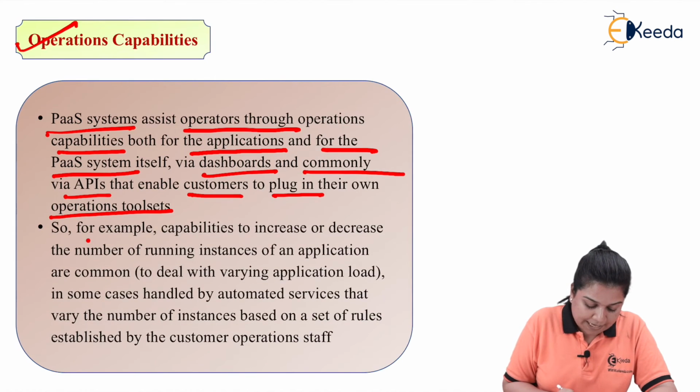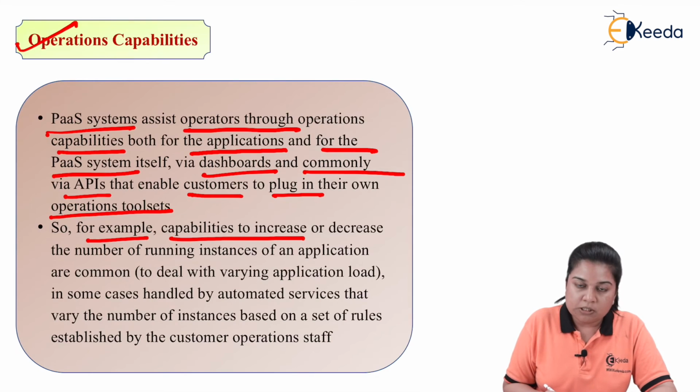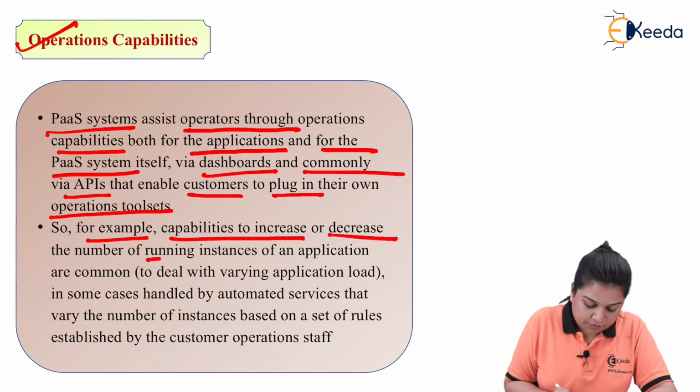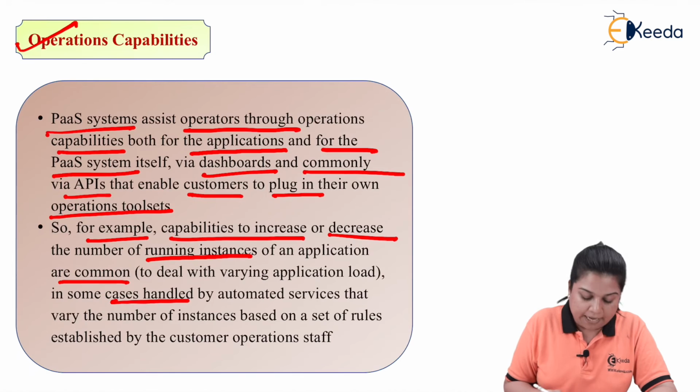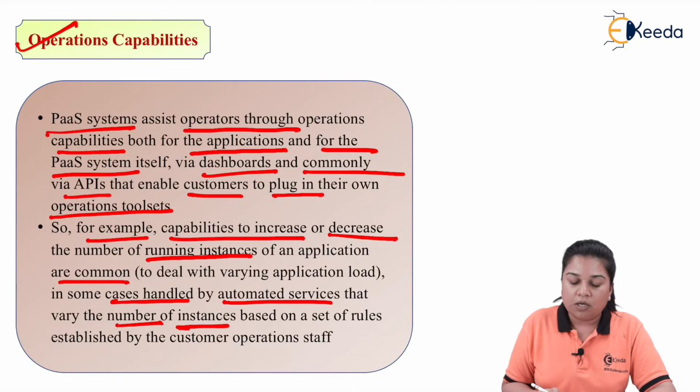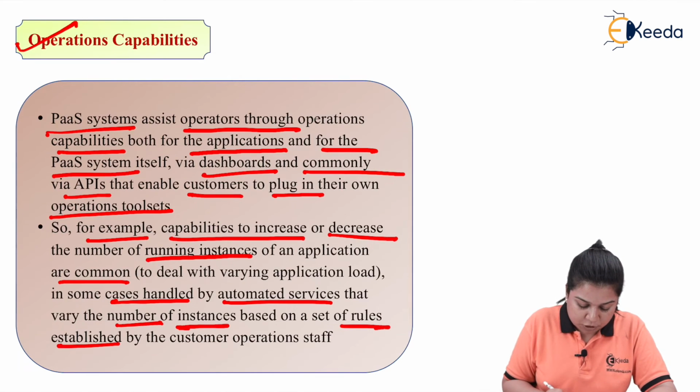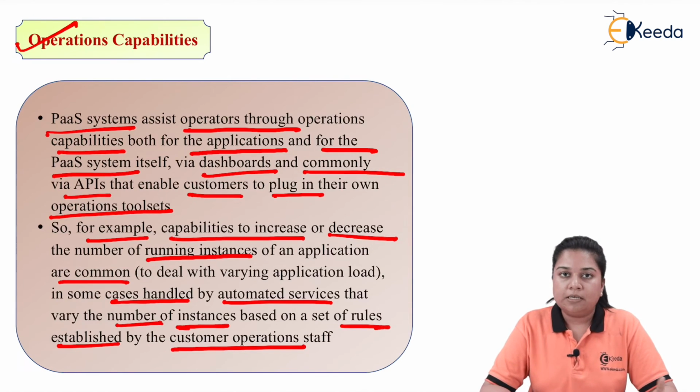So, for example, capabilities to increase or decrease the number of running instances of an application are common to deal with varying application load. In some cases, this is handled by automated services that vary the number of instances based on a set of rules established by the customer operations staff.